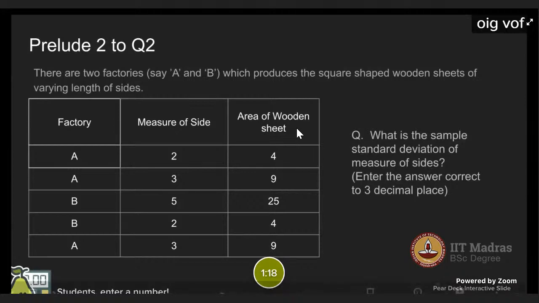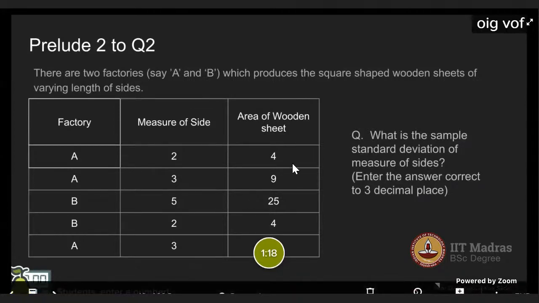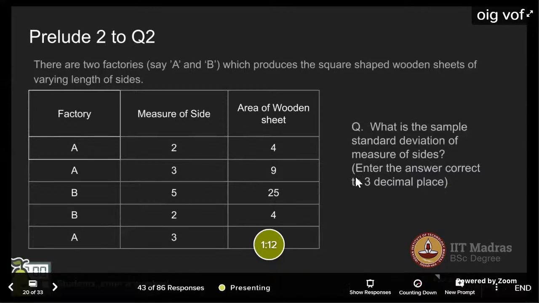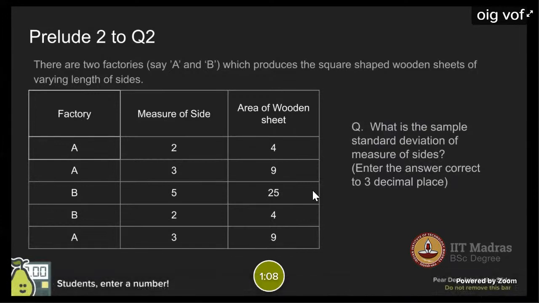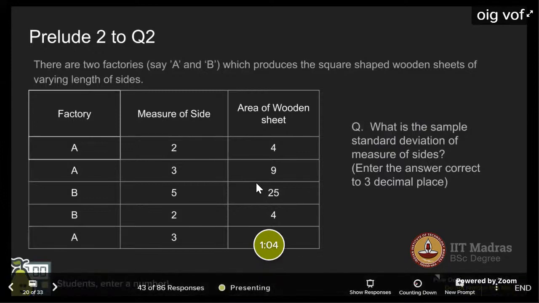Sir, after putting the answer in the form, how do we ensure it has been entered or not? It will be entered. Whatever you type, as soon as you enter even the first digit, it will be recorded. There is no need to press enter. There is no enter button, I think. That's why previously it was there perhaps.